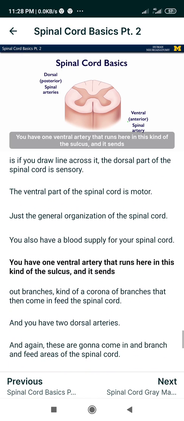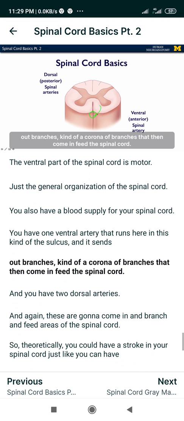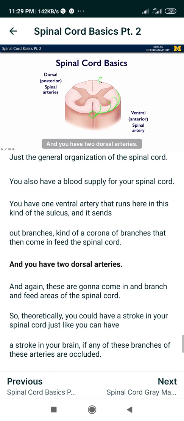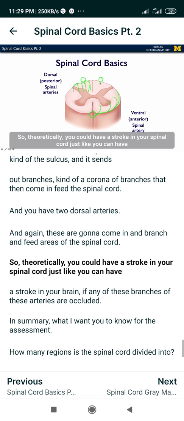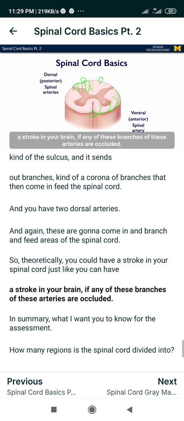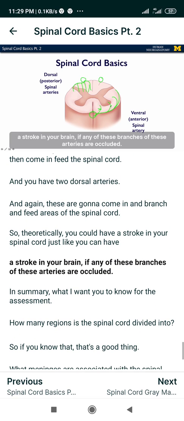You have one ventral artery that runs in the sulcus, and it sends out a kind of corona of branches that then come in and feed the spinal cord. And you have two dorsal arteries. Again, these come in and branch and feed areas of the spinal cord. So, theoretically, you could have a stroke in your spinal cord just like you can have a stroke in your brain if any of these branches of these arteries are occluded.